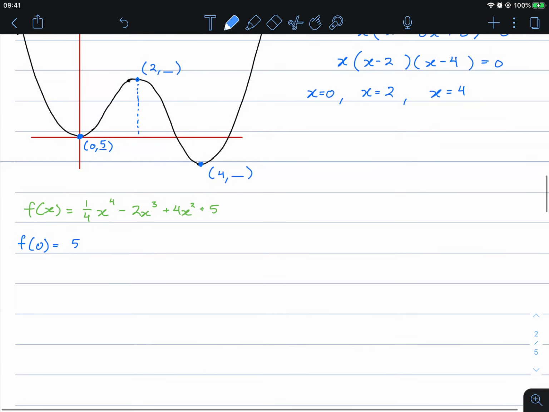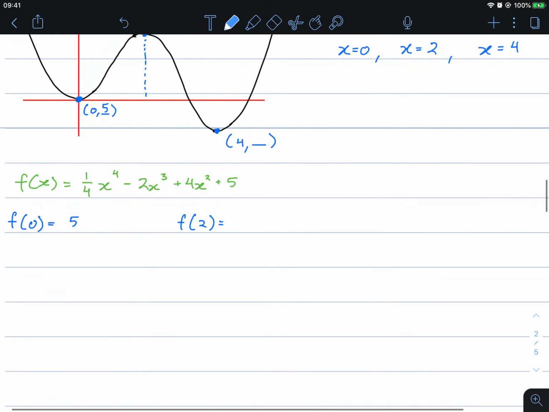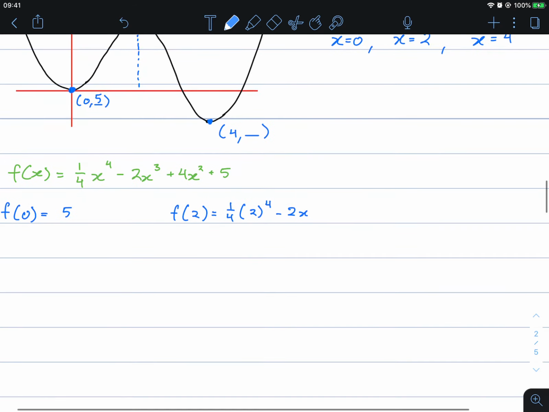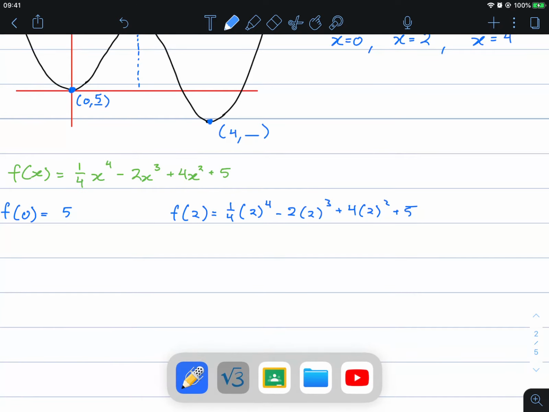So let's do this for f of 2. So we're going to substitute 2 for all of this. That becomes 1/4 2 to the power of 4, 2 to the power of 3, 2 squared plus 5.